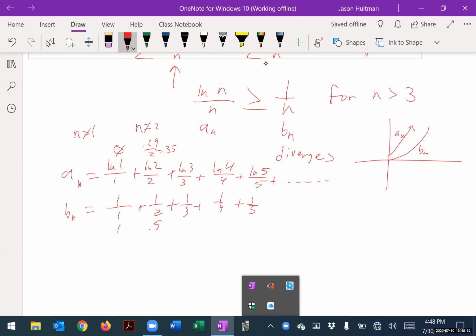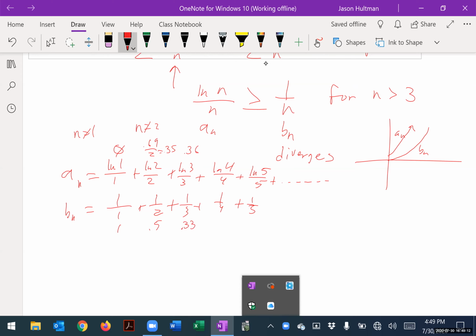Let's go to natural log of 3. Well, what's natural log of 3? Oh, look at this. This is 1.09 over 3. This is promising. Divide that by 3, and I get 0.36. And what's 1/3? Well, that's 0.33. Aha. It's looking good here. What about natural log of 4? The natural log of 4 starts going bigger than 1.